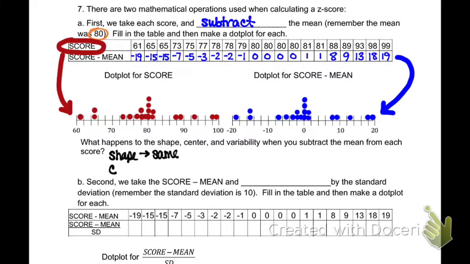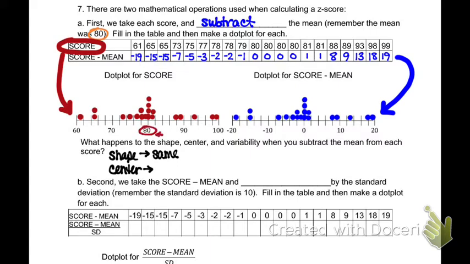Is the center the same? What happened to the center? It got smaller. It used to be where? In that first distribution, the center is where? 80.